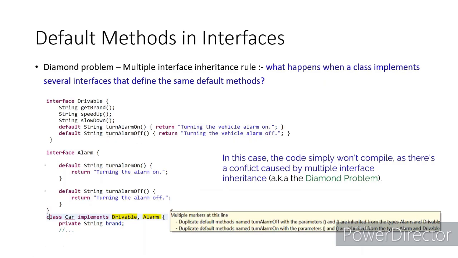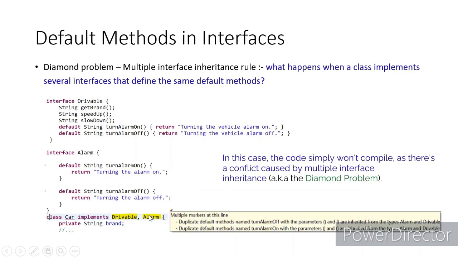So this is one interface which has these two default methods, and there is one more interface called alarm, which again has methods with the same name. Now, if I write a class car, which is implementing interface drivable and implementing interface alarm, what is going to happen?